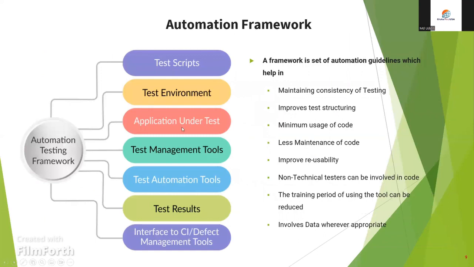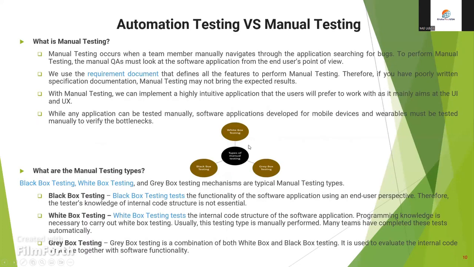In your automation script, there is all the information: data, script, environment, application, what management tools you will be using, what automation tool you will be using, test results, where you keep the test results, and what defect management tool it will be. All will be streamlined. So it organizes the total test process.